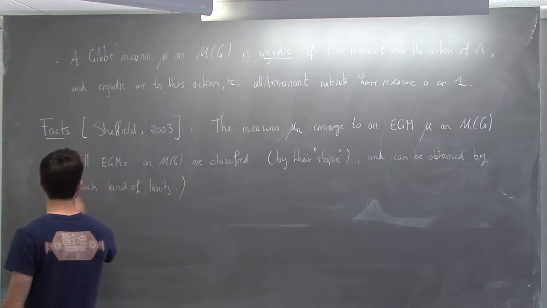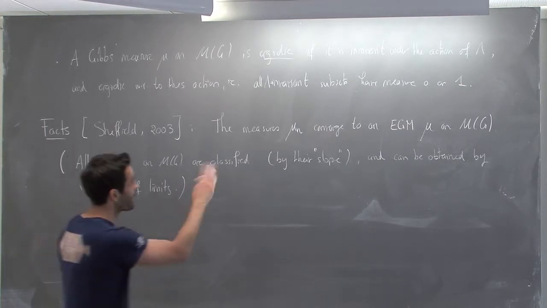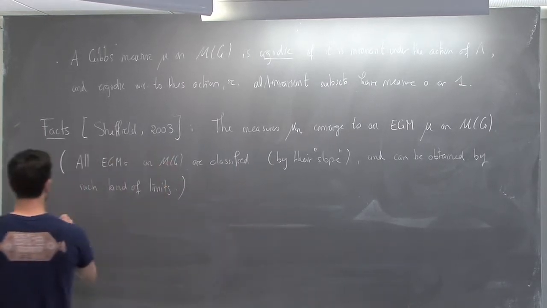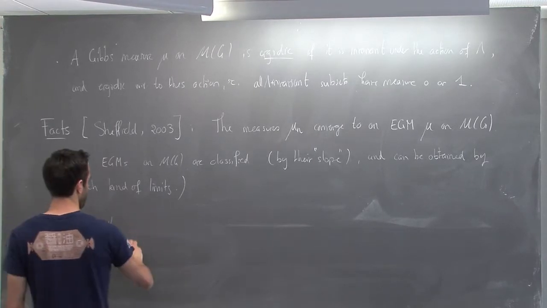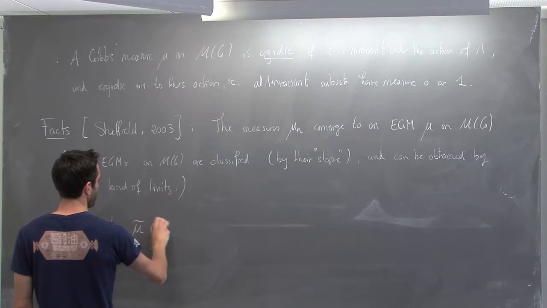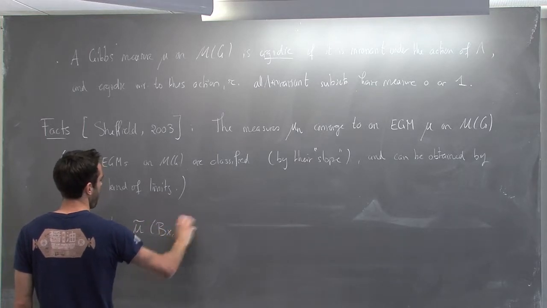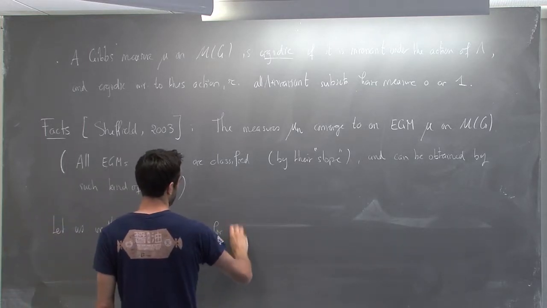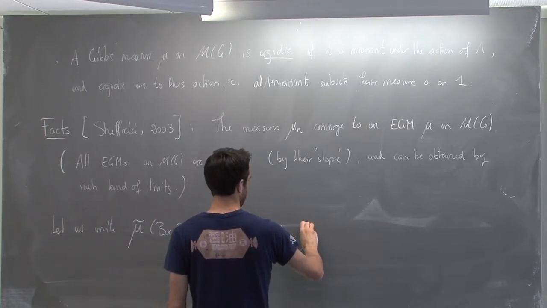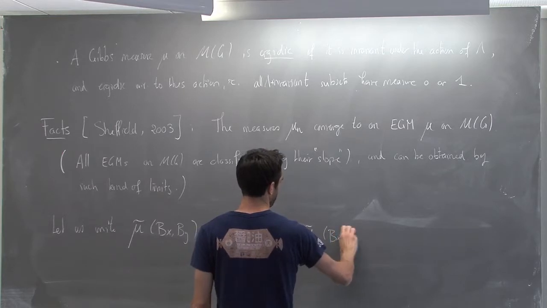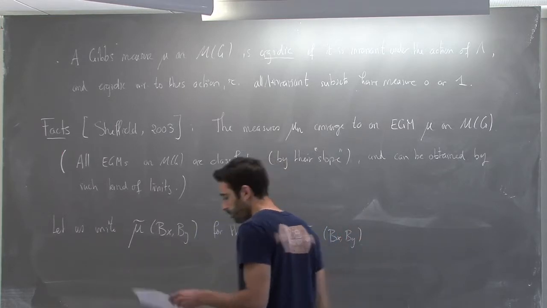Okay, so of course we can do the same for the magnetically altered ones. So let us write mu tilde of Bx, By for the limit of these mu n of Bx, By.